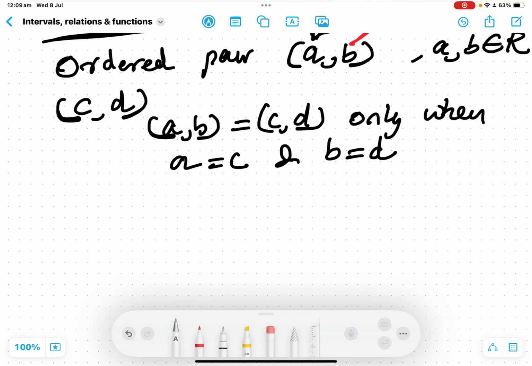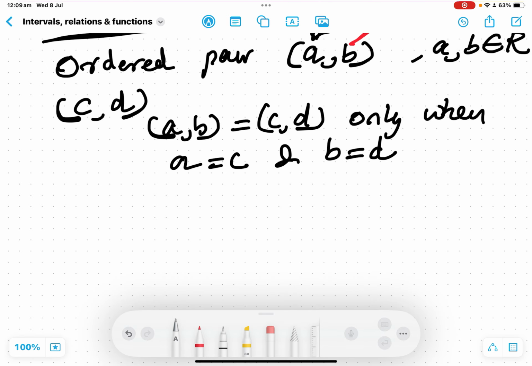Let's say (1, 5) is an ordered pair, comma (2, 8), comma (3, 5), comma (6, 8). So S can be called a relation because S is a set that has a few ordered pairs.